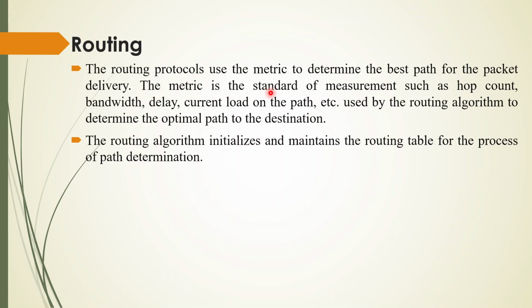The metric is the standard of measurement, such as hop count, bandwidth, delay, current load on the path, etc., used by the routing algorithm to determine the optimal path to the destination. According to these measurements, we can select the best optimal path.